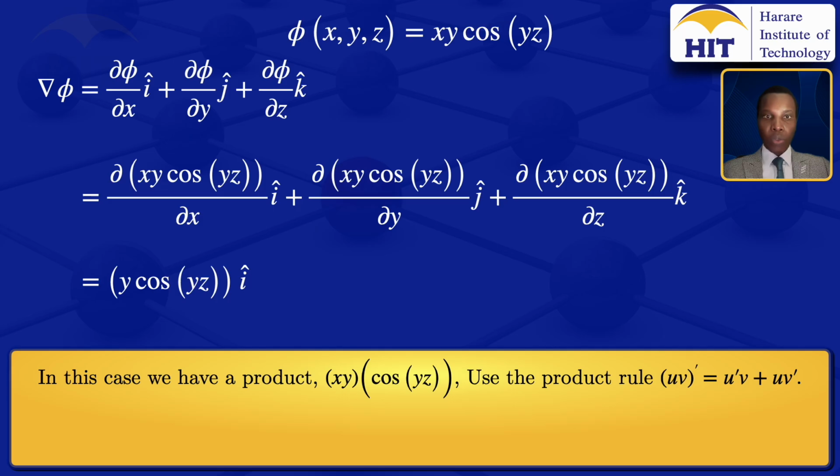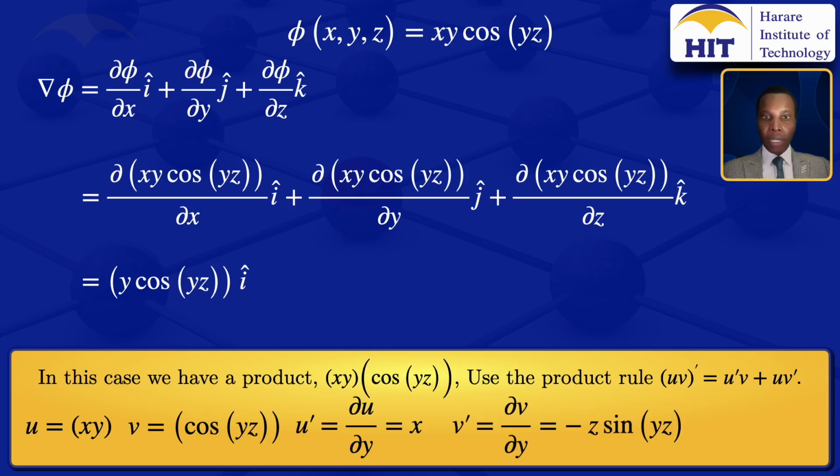So we'd have to use the product rule, which says that (uv)' equals u'v plus uv'. I'm going to take u to be xy, then the cosine yz, I take it to be v. And then go on and take the partial derivative of u with respect to y, and we get x. And for the partial derivative of v, which gives us v', it equals minus z sine yz. So we have our partial derivatives there.